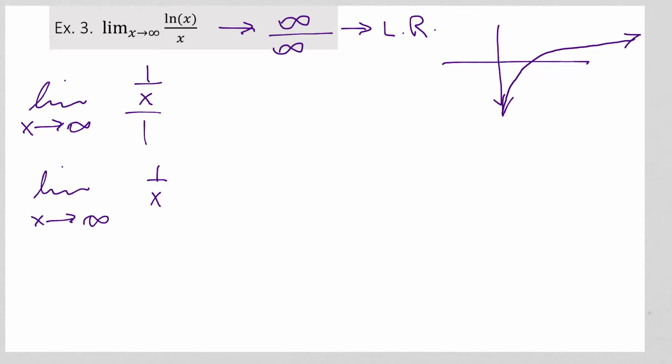Now we already know how to evaluate a limit such as this. You've got a fixed number, staying a 1, but this number is growing extremely large. So that means this limit is approaching 0. So we can conclude that this limit is approaching 0.